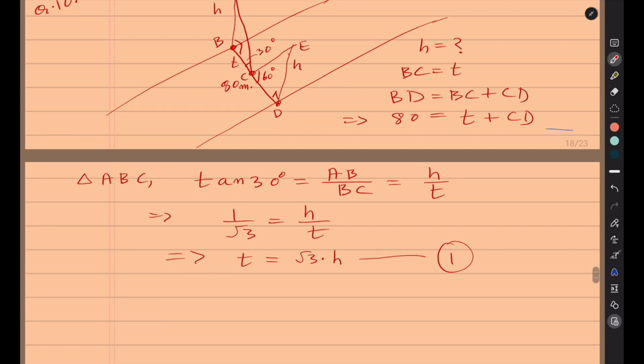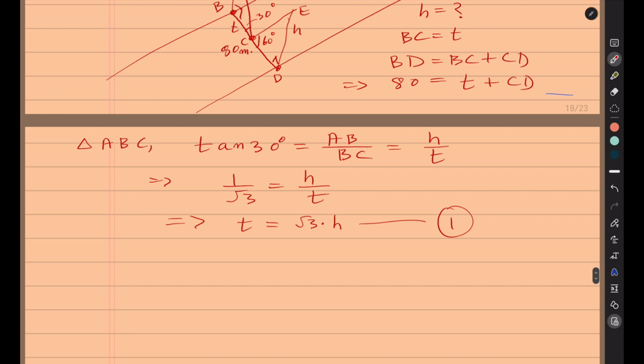Let us consider another triangle, triangle CED. In triangle CDE, again tan 60 degree is equal to perpendicular by base, and that is ED divided by CD. But ED is just the height of the pole, which is equal to the height of the pole on the other side.